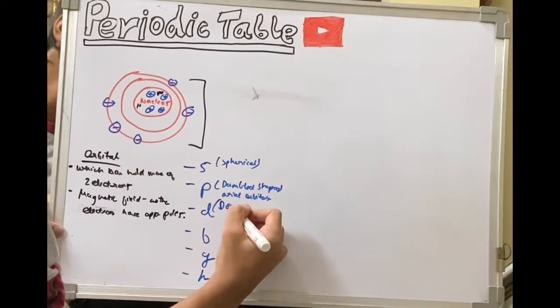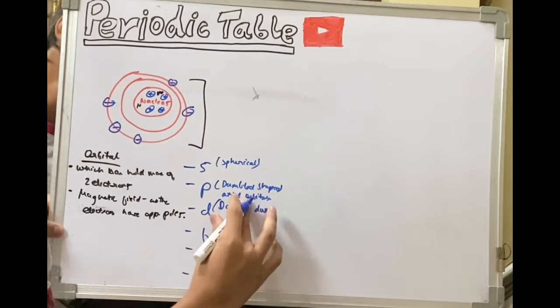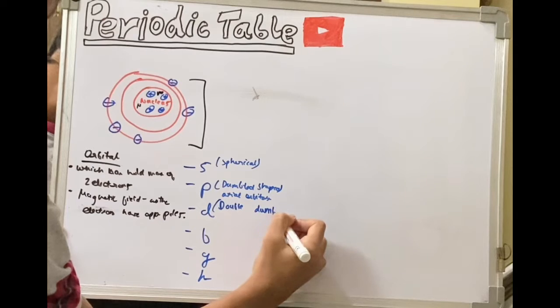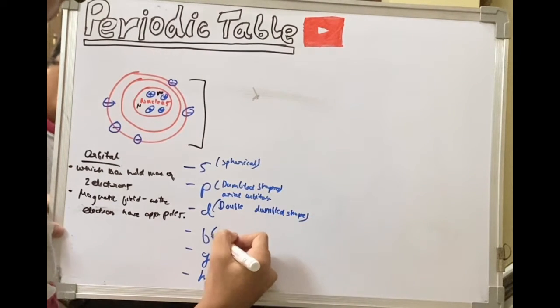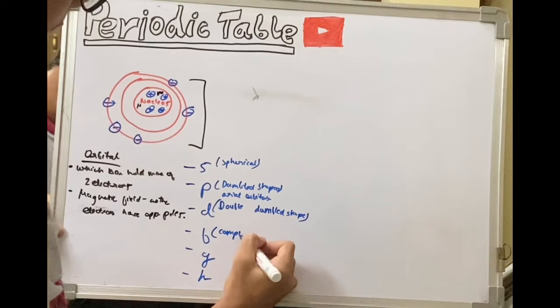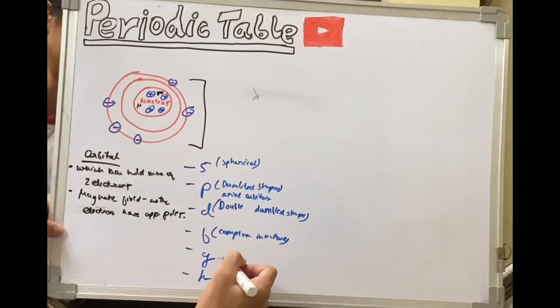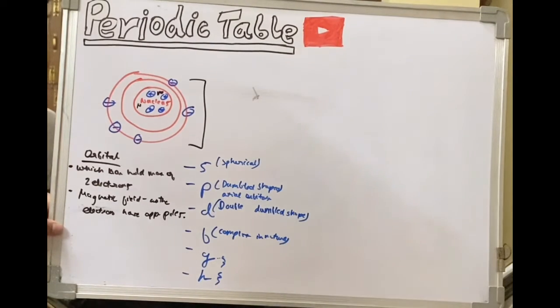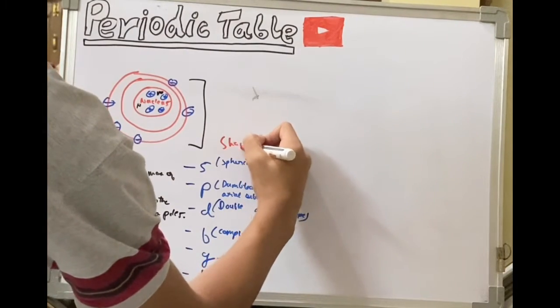The D orbitals are double dumbbell shaped. The F orbitals are complex in nature, and we still don't know the shape of these. These are very complex, you can say. So we all know the shapes right now.